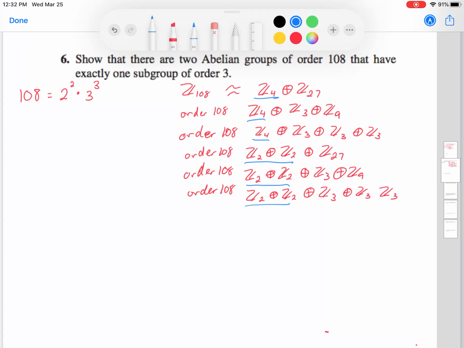So, we need to be careful about our choice of these other ones here. So we are going to be carefully choosing between these. Which one of these would have exactly one subgroup of order 3?